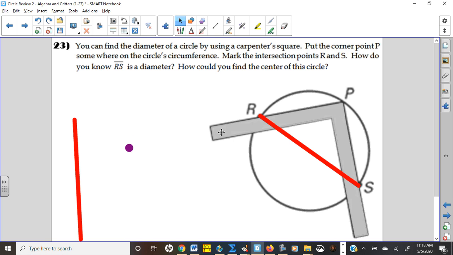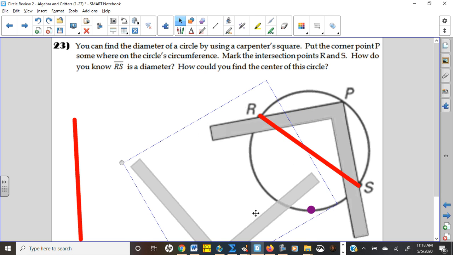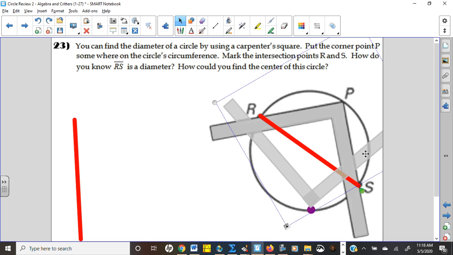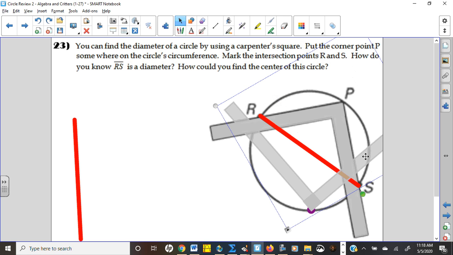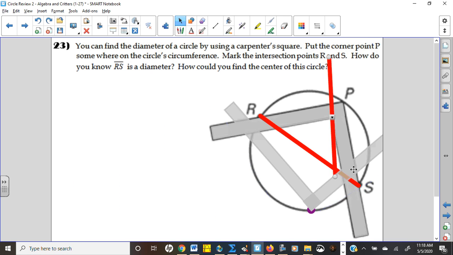Well, it didn't say we couldn't move the Carpenter square. So if I pick any other point on the circle, like maybe that point right there, and recreate the same scenario, where I have another right triangle, I can use my second hypotenuse, going from here to here.